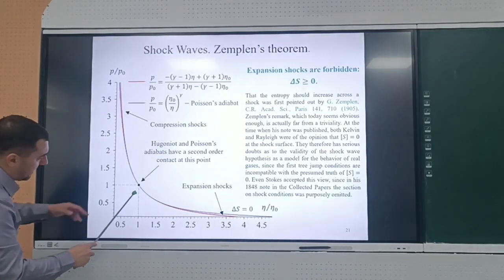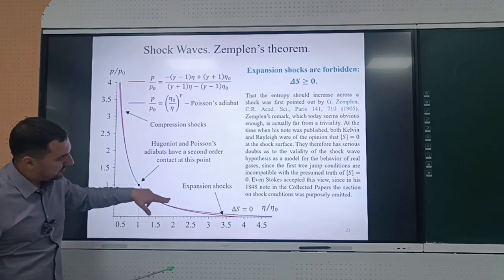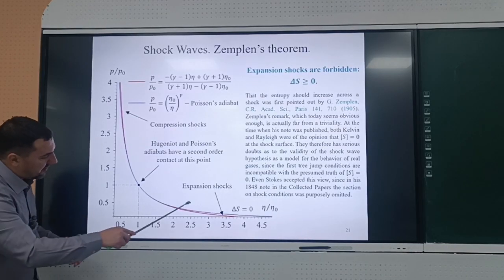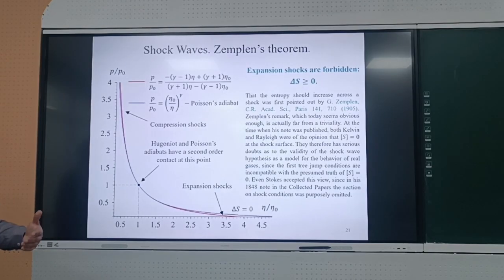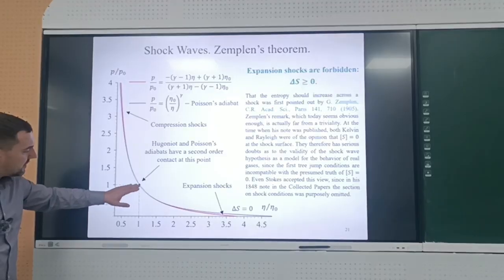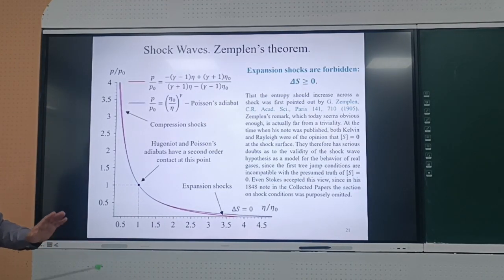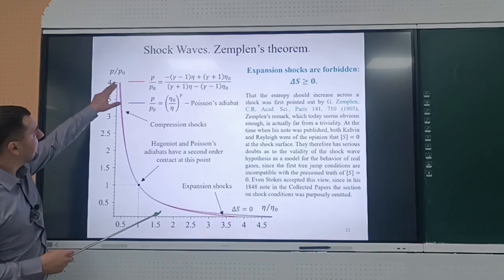And everywhere below this point, the red curve is below the blue line, and it means that all this part contains unphysical solutions. So we should not think about why we have negative pressure. In principle, everything below this point on the red curve is unphysical. If we take into account the second law of thermodynamics, we should take only this part.